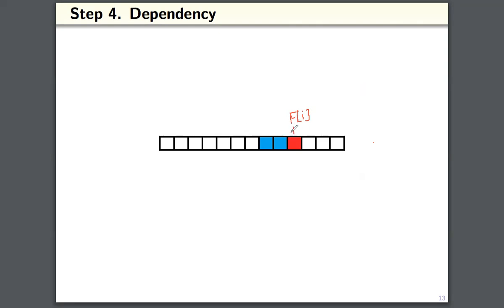So this will be f of I, this will be f of I minus 1, and this will be f of I minus 2. See, this can never be the write cell. Why? Because these two are the base cases, F0 and F1. The red cells can be in this region only.